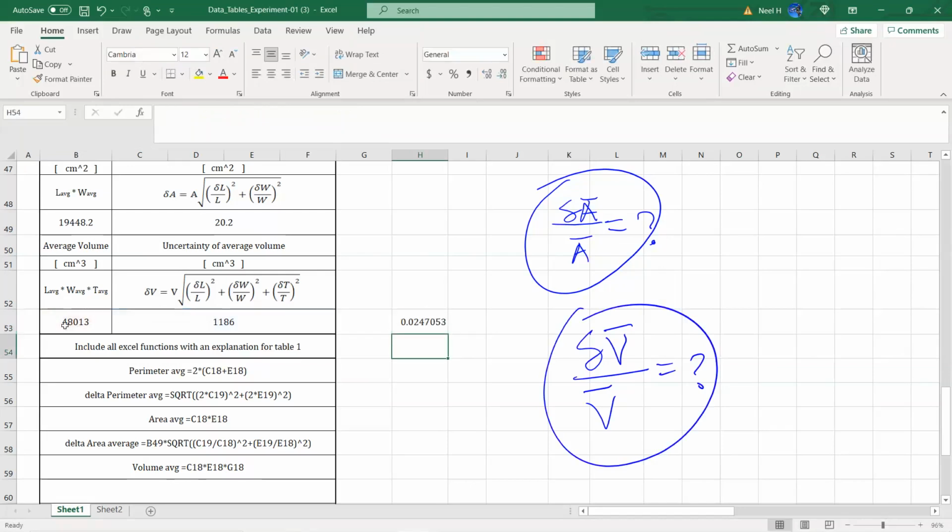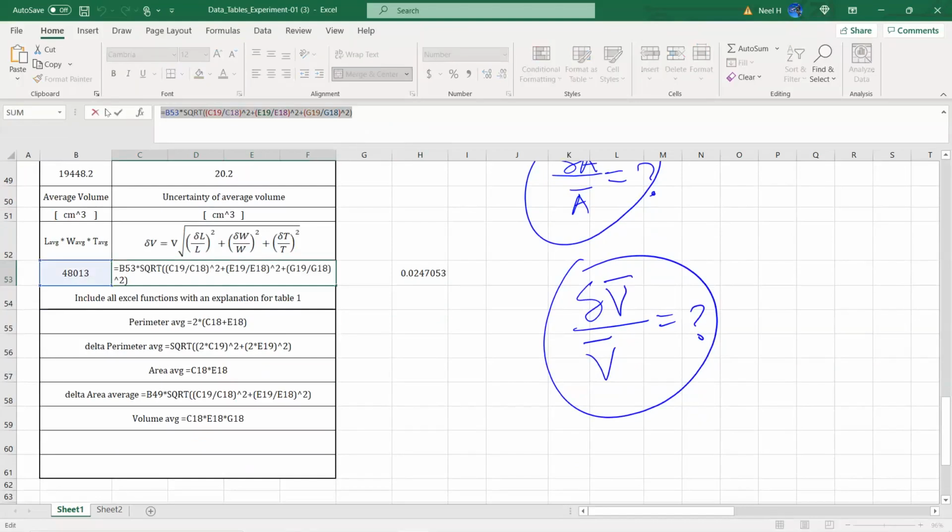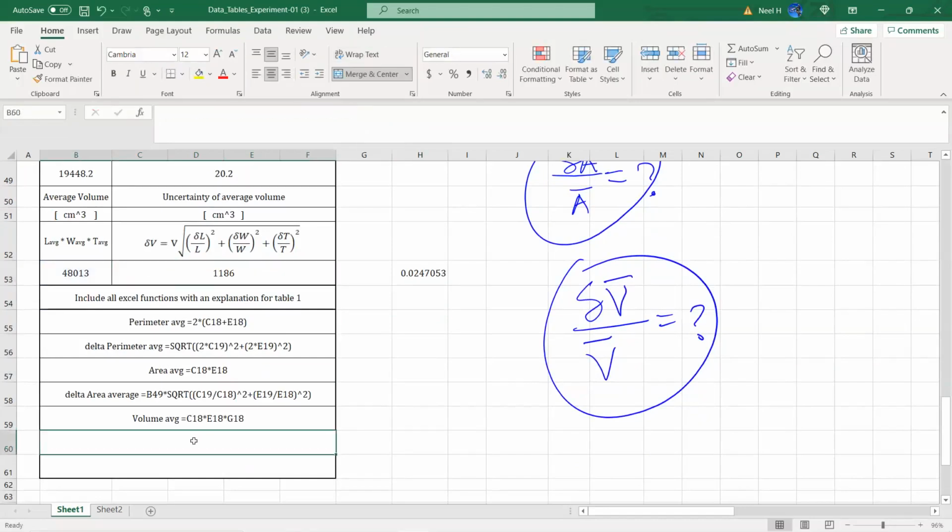Even if I multiply by 100 for the percentage error, it's going to be 2% error, not bad at all. Okay, guys, question. It's going to be delta of volume average. Okay, any question?